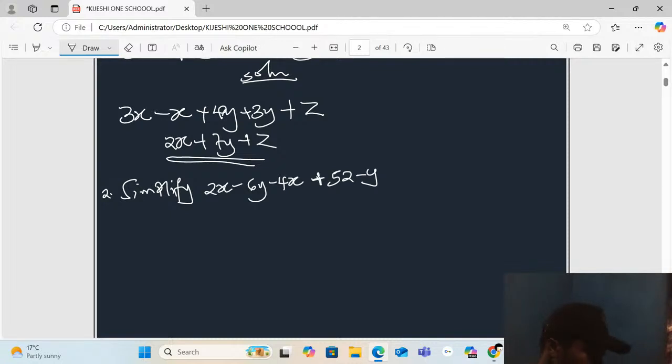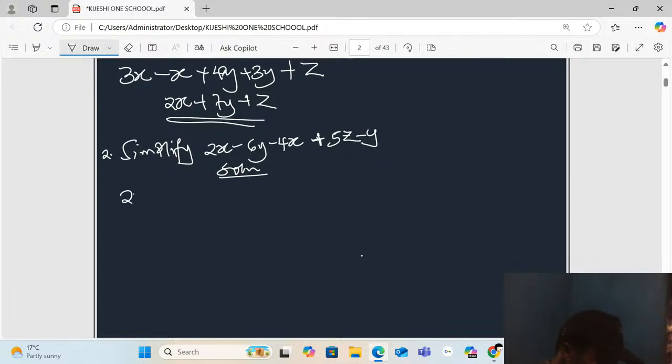Sorry, this is not 52, it is 5z. Now let us look at the solution on how to solve this.